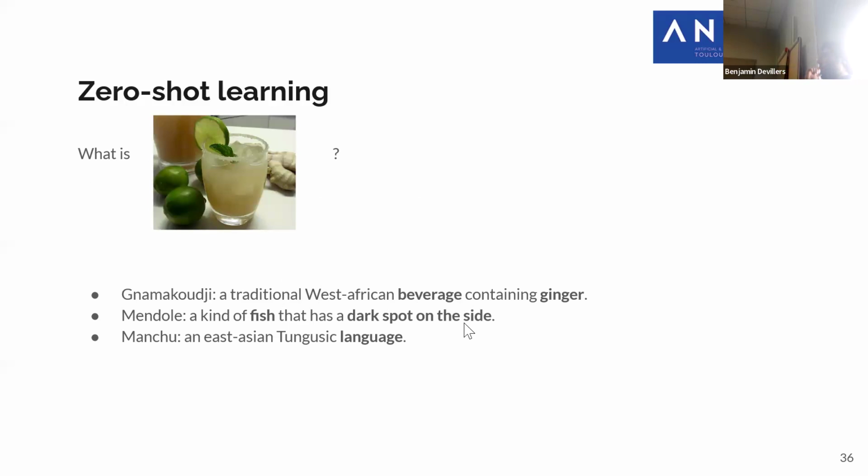Here I've highlighted in bold what's important, like ginger, because we can see the ginger here, and beverage. These you already know. And of course, a model, if you want to give it information about new classes, needs to know things before. It needs to know what a beverage is, what ginger is, what fish is to classify these types of fish, or it needs to know language, for instance, to classify this.